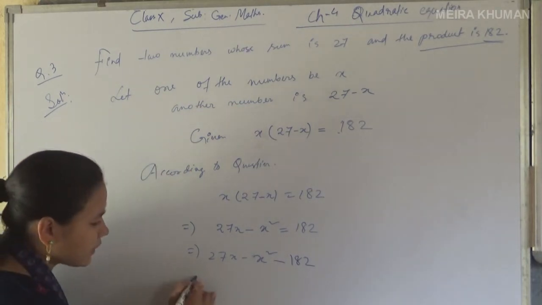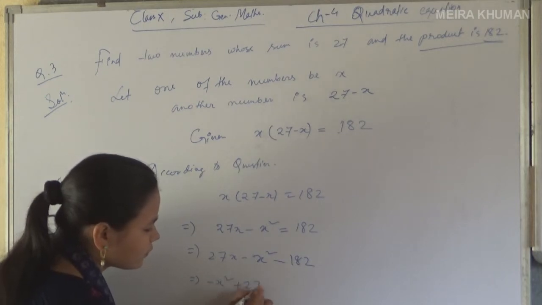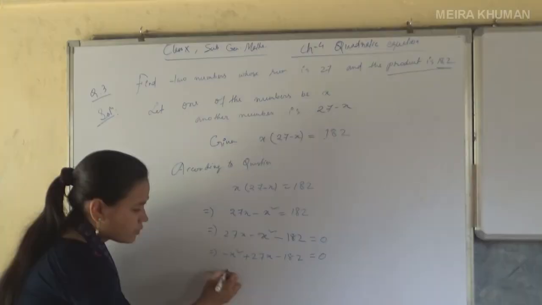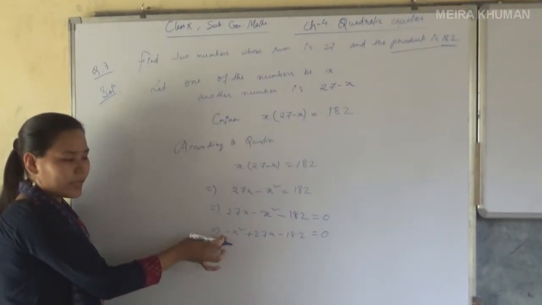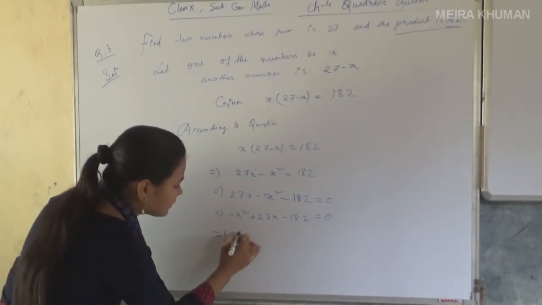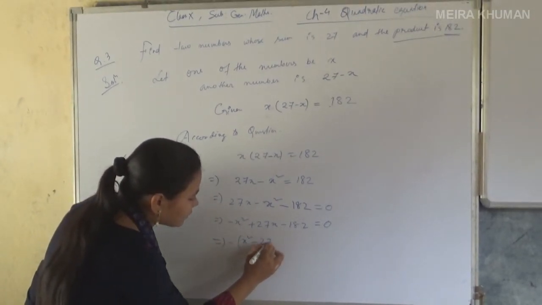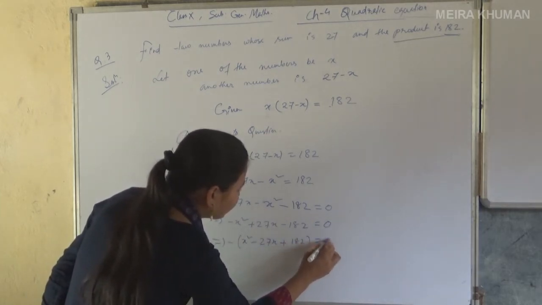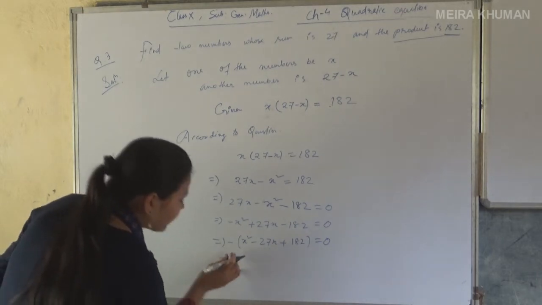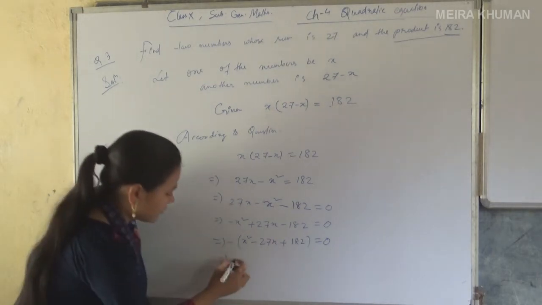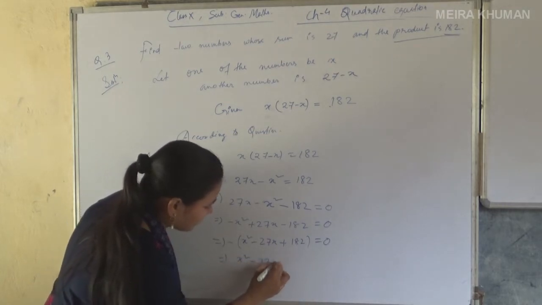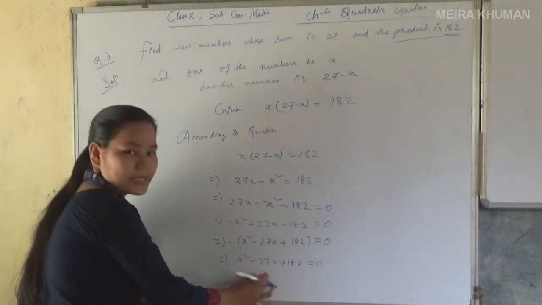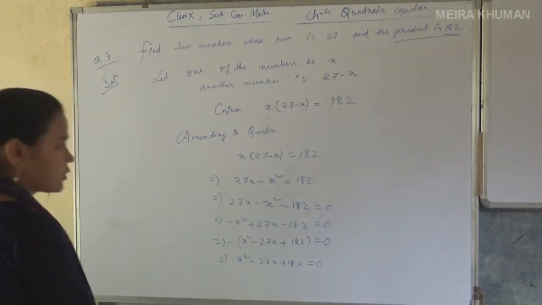You should write x square plus 27x minus 182 equals 0. Taking minus 1 common: minus x square minus 27x plus 182 equals 0, and dividing by the minus sign, it is x square minus 27x plus 182 equals 0. That is your quadratic equation.